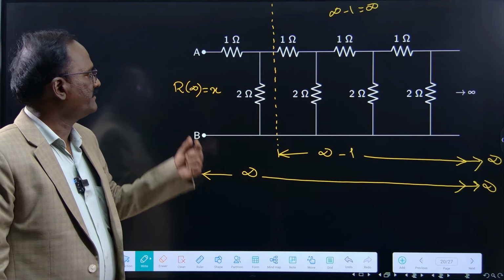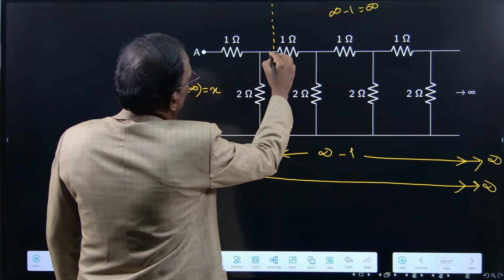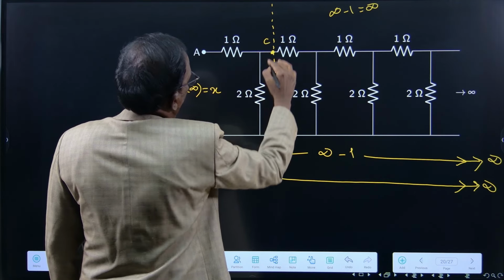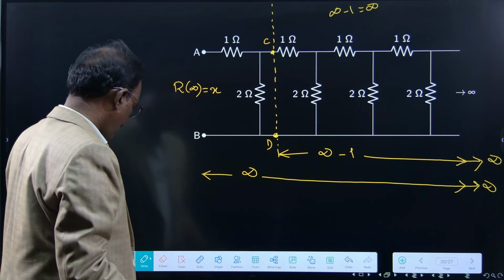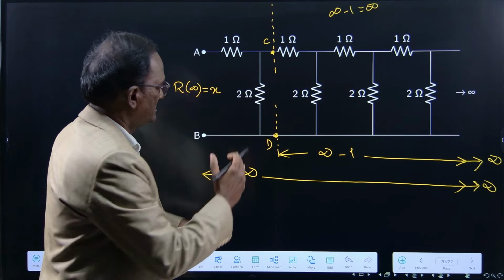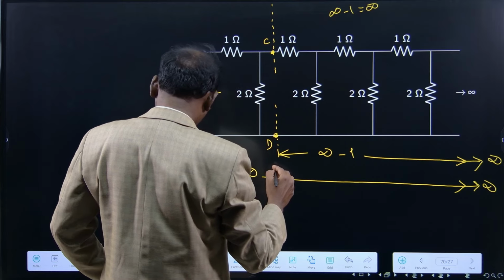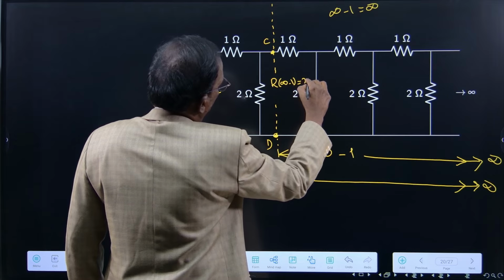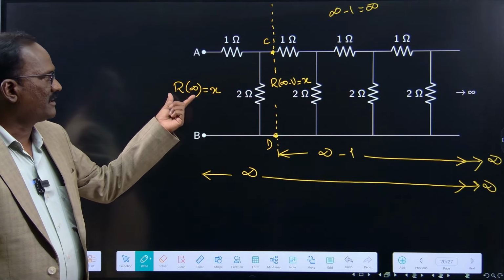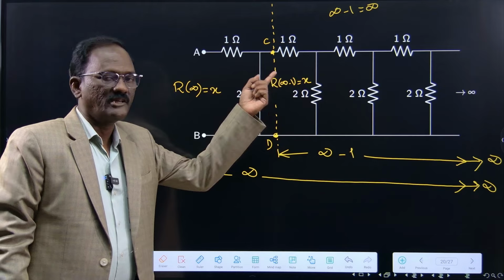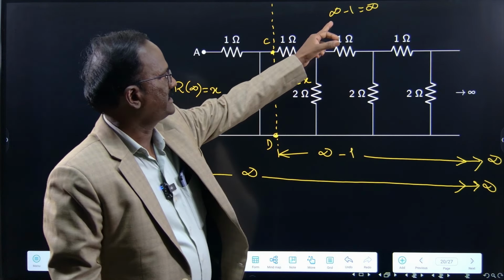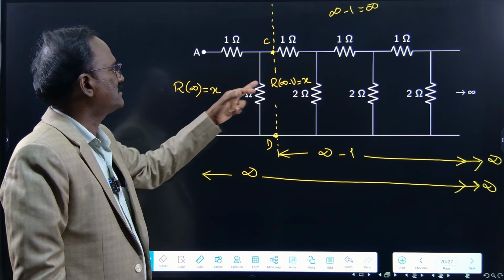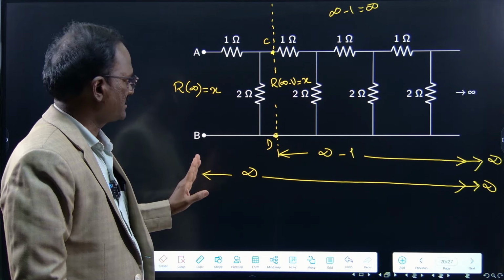If I assume R of infinity is equal to X, then at this point, let me label it as CD, the resistance of this part is also infinity. So R of infinity minus 1 is also X. If R of infinity is X, R of infinity minus 1 should also be X. That is the idea we are going to use.